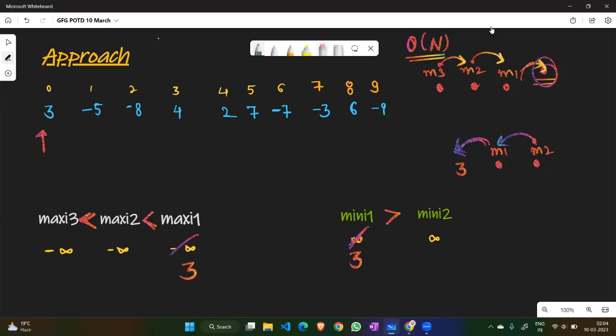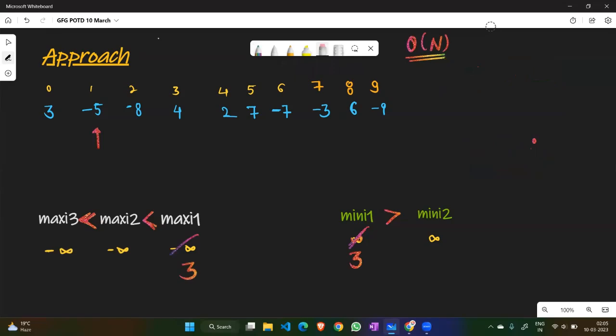Okay. Now, in the next iteration, I will go to minus 5. Here I can see minus 5 is greater than maximum 5. No. Let's rub it. Now here is maximum 1, maximum 2, maximum 3. Here are 3 dots.